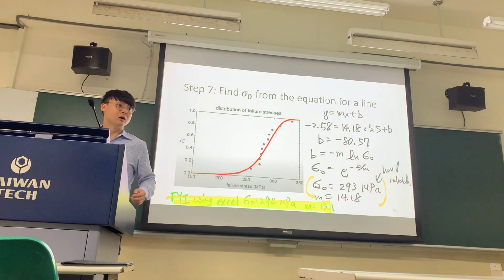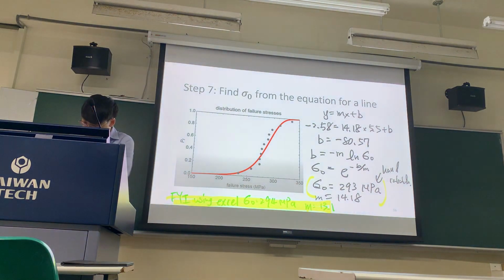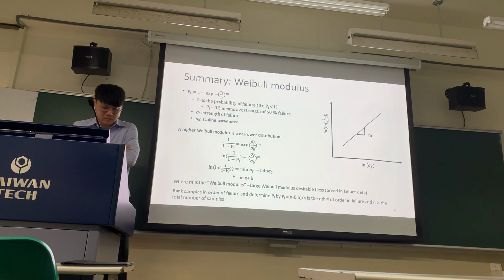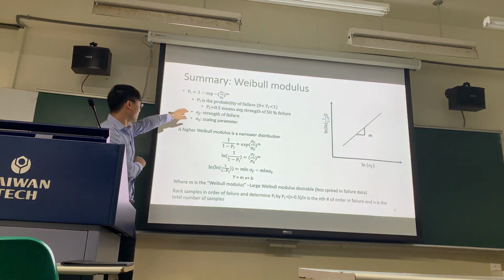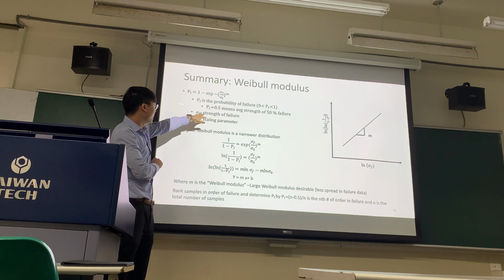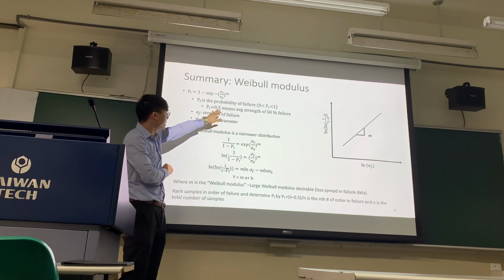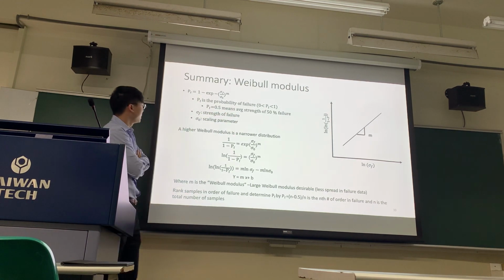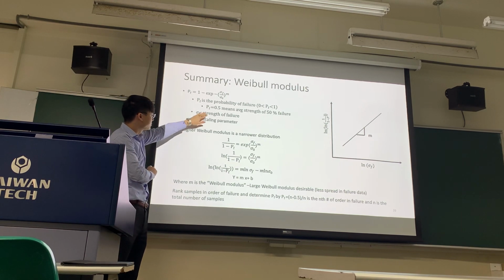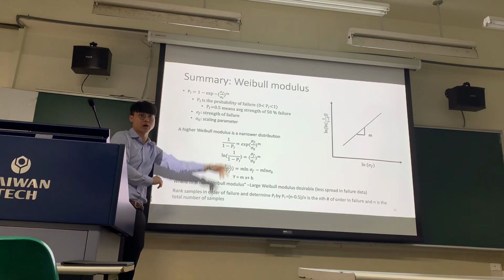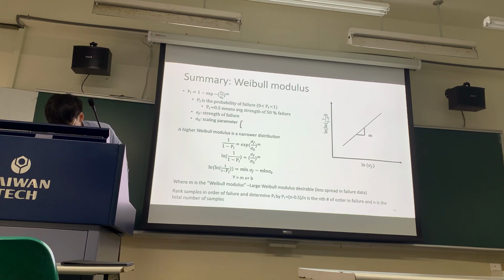Any questions so far? All right, so the summary of the Weibull modulus, this is the equation. PF is the probability of failure. PF 0.5 means the average strength at 50% failure. Sigma F means strength at failure. Sigma naught is a scaling parameter, also known as the characteristic strength.